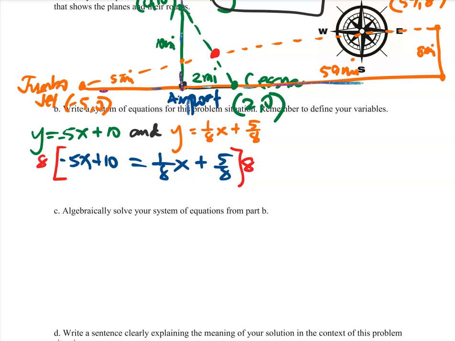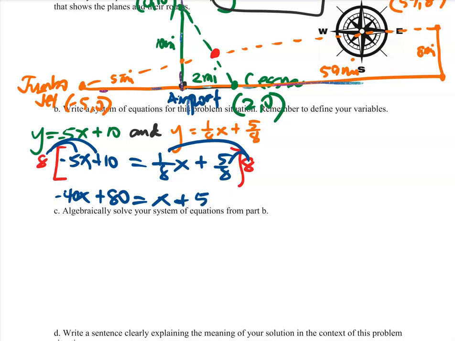So 8 times negative 5x is negative 40x. 8 times 10 is 80. 8 times 1/8x is just x, plus 8 times 5/8 is equal to 5.